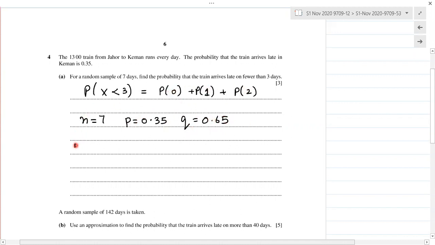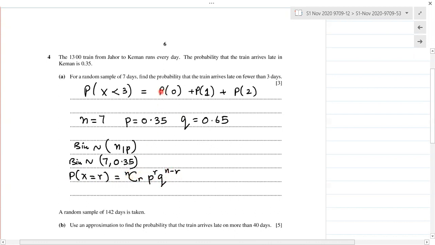Now we know this is a binomial distribution with n and p. So we can write this as binomial distributed with n as 7 and p as 0.35. And we have the formula for the probability of x being equal to r as nCr p^r q^(n minus r) for any required term.